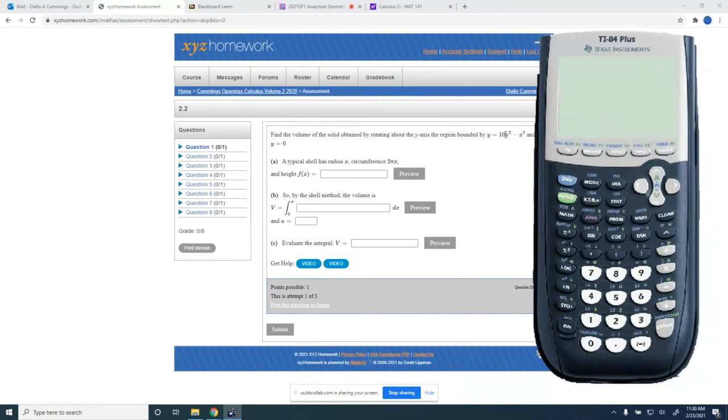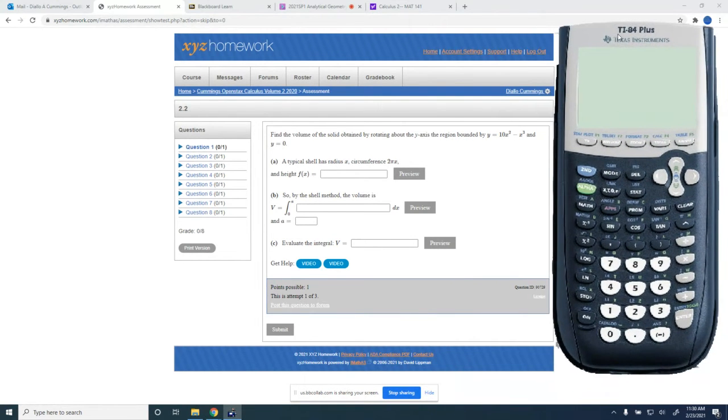In order to get a visual or physical representation, I'm actually going to graph this function. I'm going to clear out my home screen, clear out my graph, and put in the function 10x squared minus x cubed, and graph.